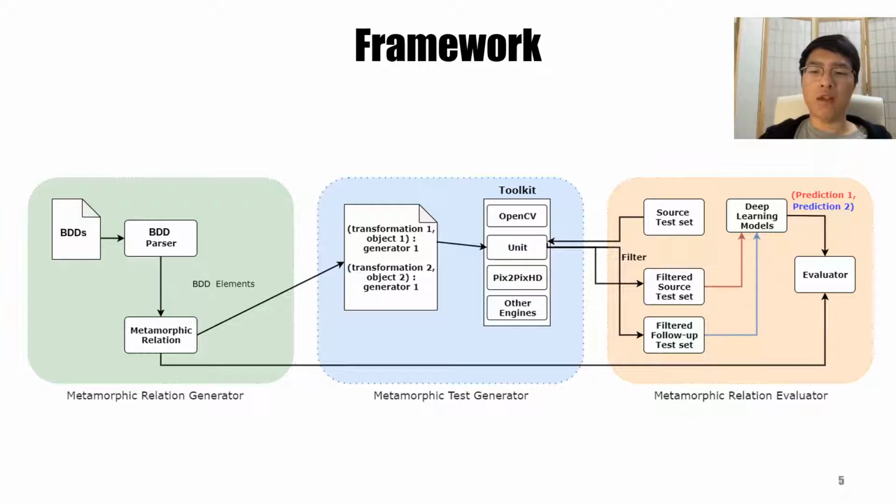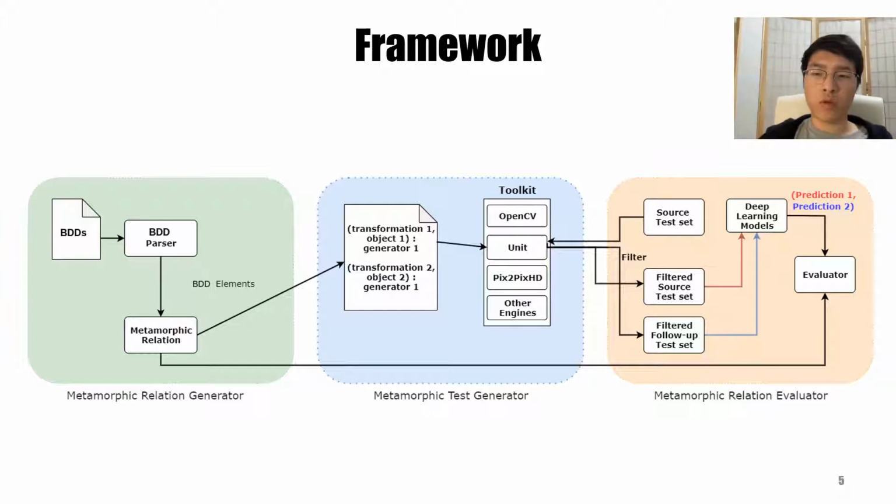Given these behaviors, the BDD parser extracts key elements such as the transformation required, and uses such information to build a corresponding MR. Once the MR is created, these key elements will then be passed to the metamorphic test generator, which has an extensible toolkit to implement various transformations required by the behaviors. The transformation engine in the toolkit can manipulate the original input into the follow-up transformed input.